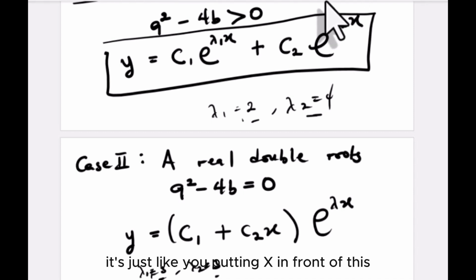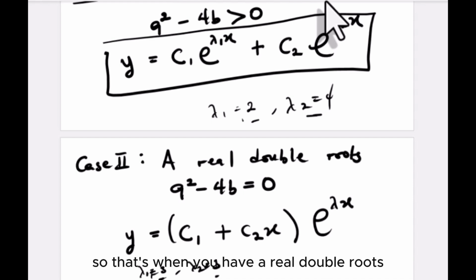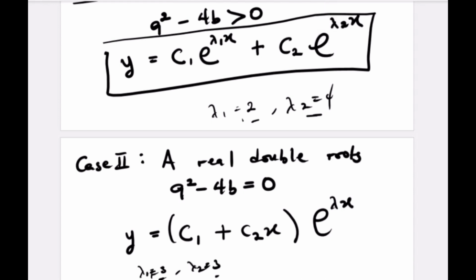You just put your gamma as 3 and 3, then you have x in front of this. So that's when you have a real double root.